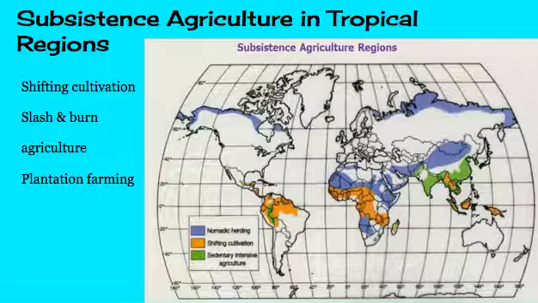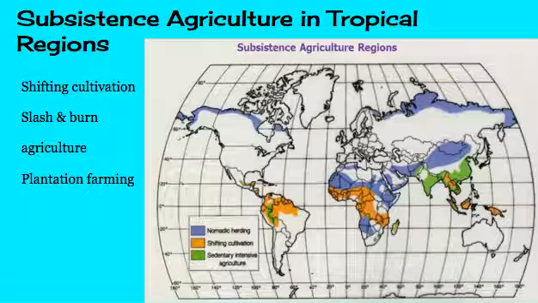As I said before, frequently this type of slash and burn agriculture is used to create way for plantation farming. Plantation agriculture is a form of commercial farming where crops are grown for profit, as opposed to subsistence agriculture where crops are being grown to feed a community. Large land areas are needed for plantation farming.